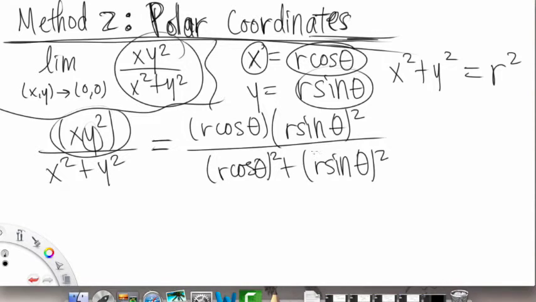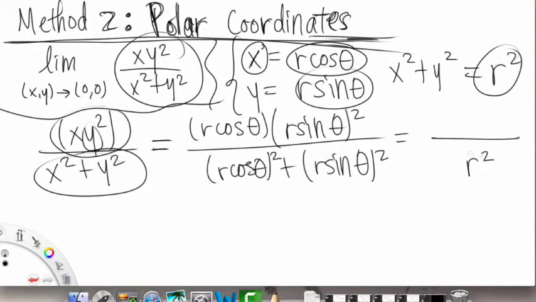I just replaced those using these two equations, but we could have also seen on the bottom that x squared plus y squared is automatically an r squared. So I'll replace the bottom with that, and you would get that if you computed it all the way through. On the top we have three of these r's being multiplied, so r to the third times cosine theta times sine squared theta.